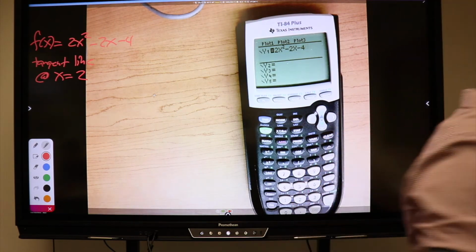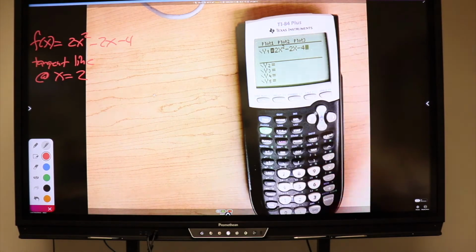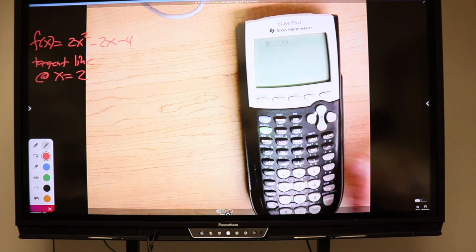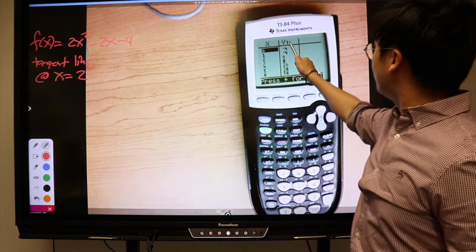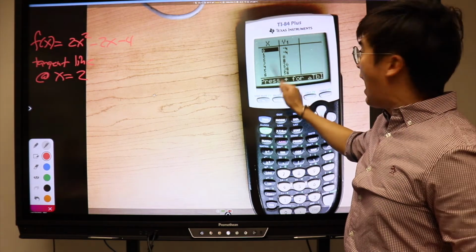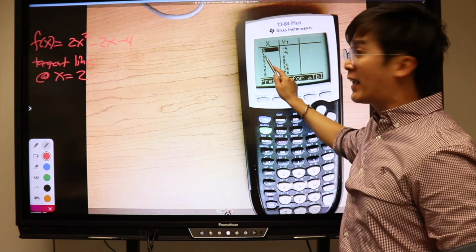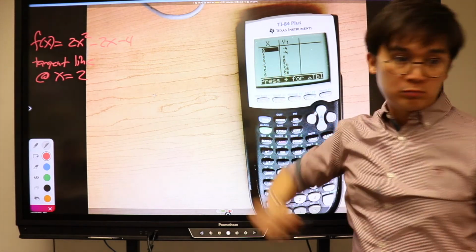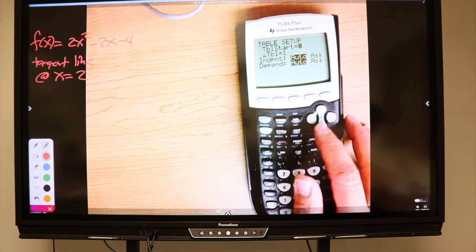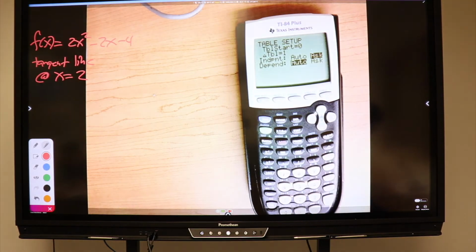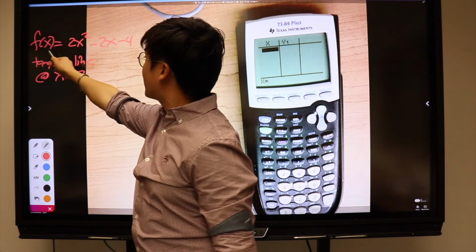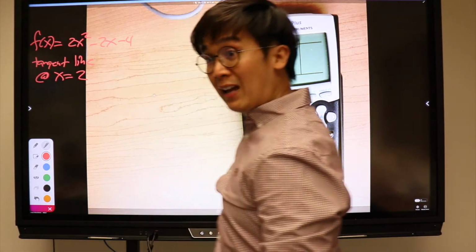Now, if we use the table values, second function, graph, it will give us all the values of y at x equal to 0, 1, 2, 3, 4, 5, 6, 7, 8, right? How am I going to get rid of this so that I can plug in the values of x on my own? Second, table set. And I will change it into ask, alright? Now, for every given value of x, I'll be able to find the value of y using my calculator, right?